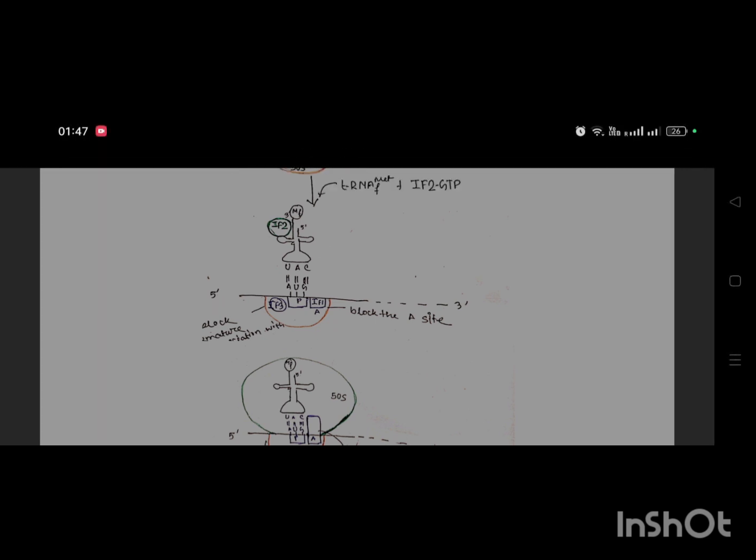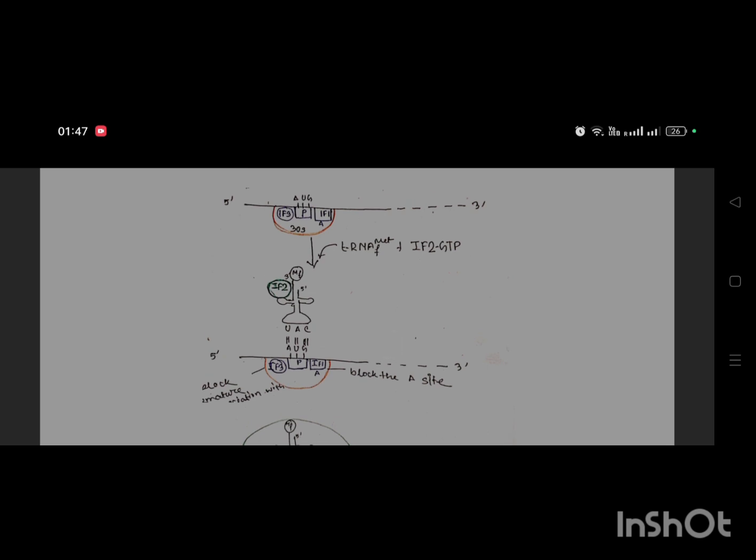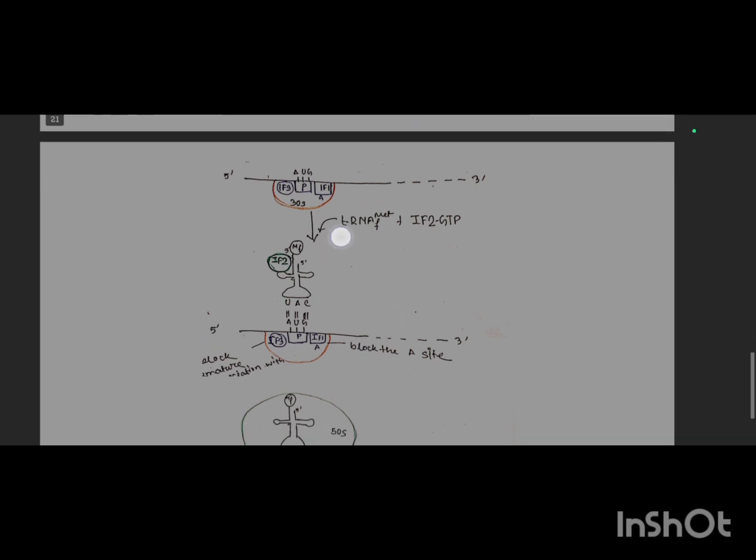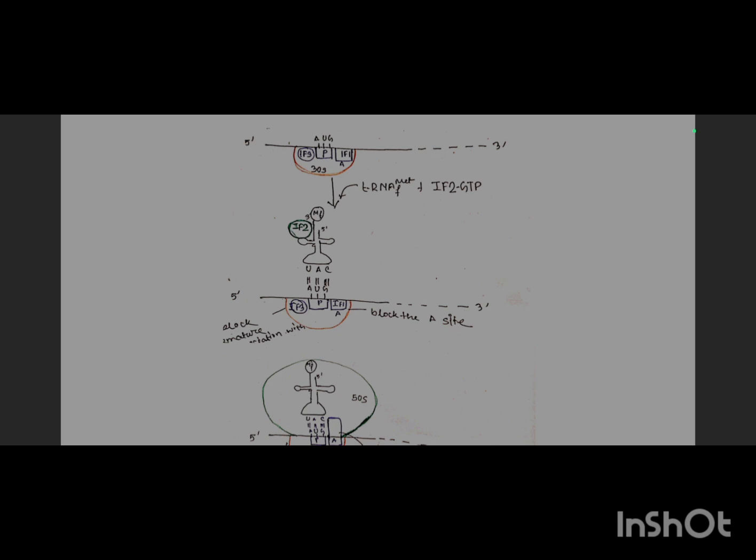First you can see that in the A site, IF1 gets attached and it causes the dissociation of the 50S and 30S subunits. That is the first step. Second, IF3 comes and sits in this region, and it prevents the premature reassociation of the 50S.